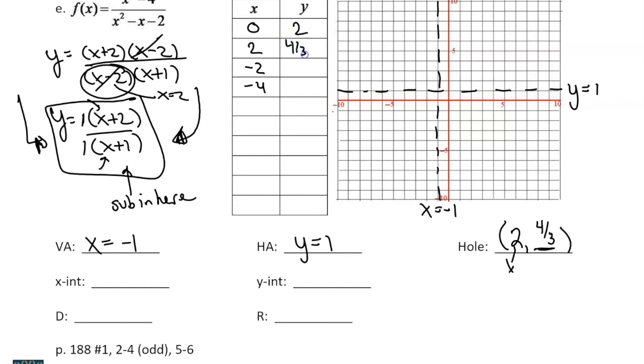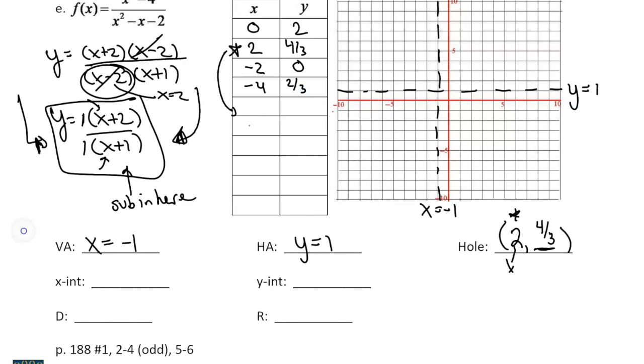Oh, that's actually probably not a good point because that's our hole. Maybe I'll add in one extra point down here. If we pick negative 2, then we would get 0. And if we pick negative 4, we would get negative 2 over negative 3, and that would just equal 2/3.